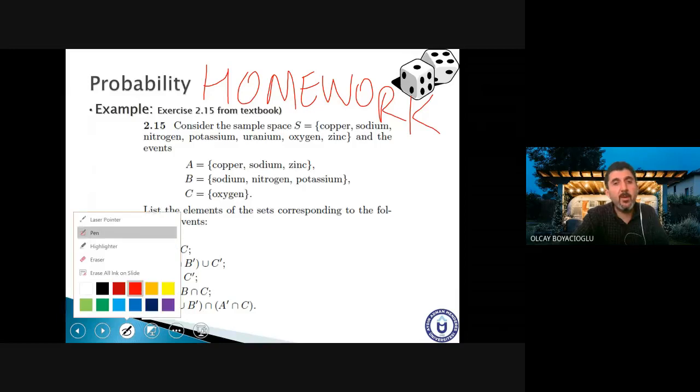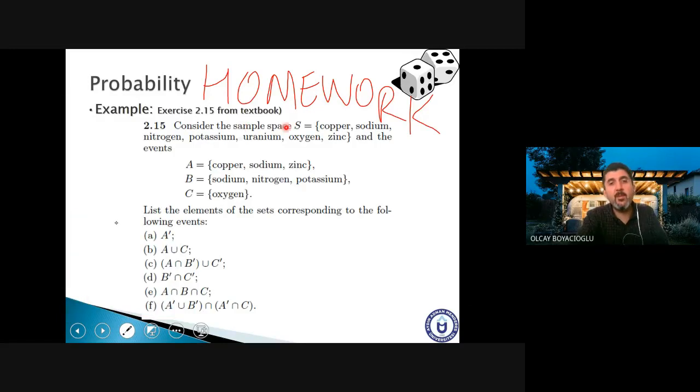Consider the sample space: copper, sodium, nitrogen, potassium, uranium, oxygen, and zinc. And the events are: A is copper, sodium, zinc. B is sodium, nitrogen, potassium, and C is oxygen.